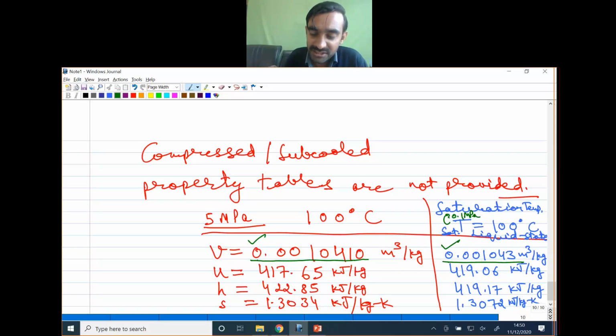It means this is a liquid, and liquid is an incompressible substance, so even upon a large change of pressure we have almost the same value of specific volume.